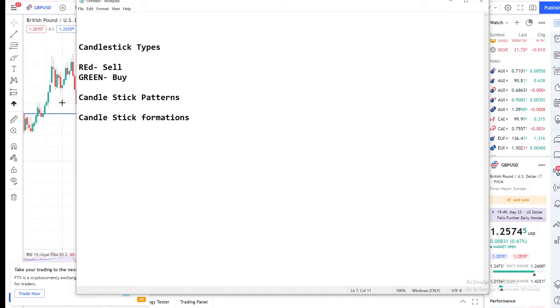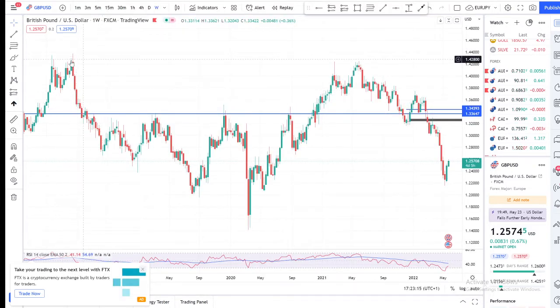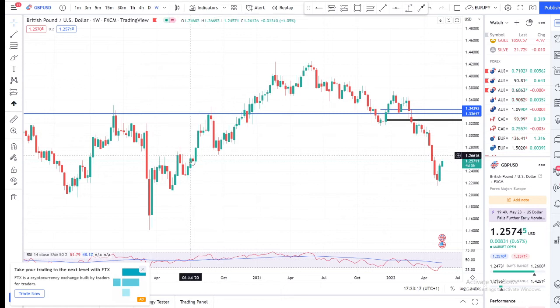I believe those are the two types. So when you see a green candle, price was moving up at that time. When you see a green candle, it signifies price was moving up. When you see a red candle, it signifies that price was moving down at that moment, right?